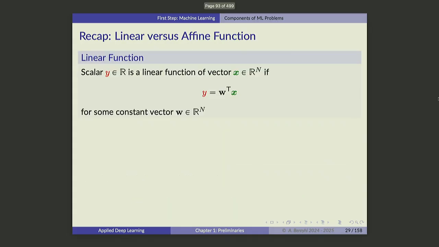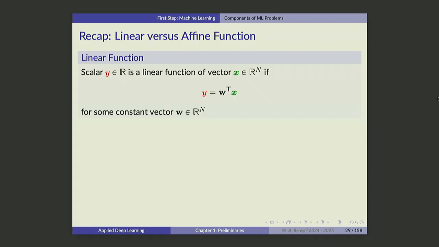OK. So that's it. One thing. Do you know the difference between a linear function and an affine function? So this is what we call a linear function. Do you know why we call it linear? It's basically passing through the origin. It's basically a line, right? If x is a scalar, then wx is a line, right? If x is two-dimensional, it's again a two-dimensional line in the two-dimensional space, right?